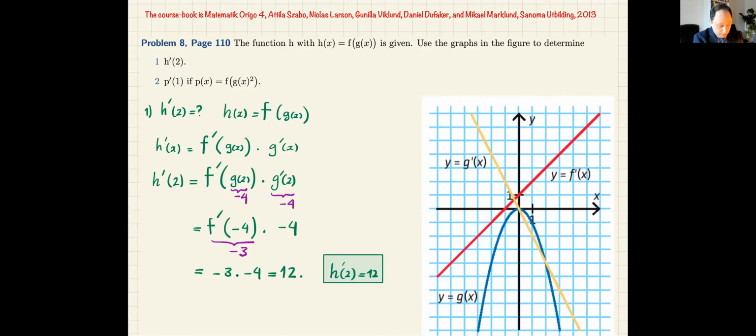So chapter 3, capital test. Yes, it is 12. That's correct.